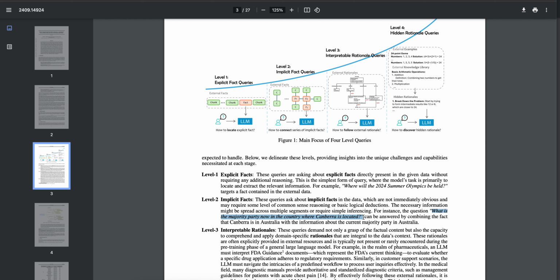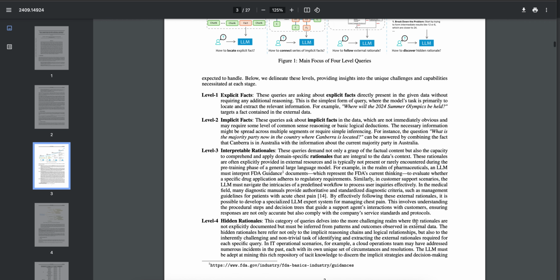The model first needs to find where Canberra is located, and we need to combine that with which party is in majority in that country. We have to combine the fact that Canberra is in Australia with the information about the current majority party in Australia. That's the thing we need to do.